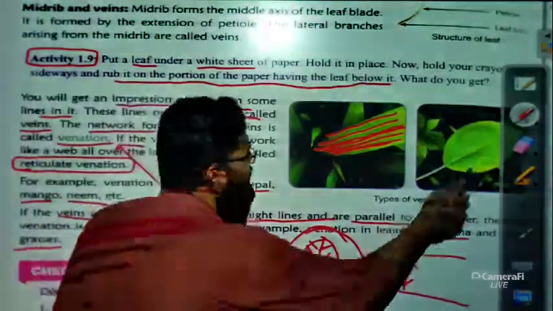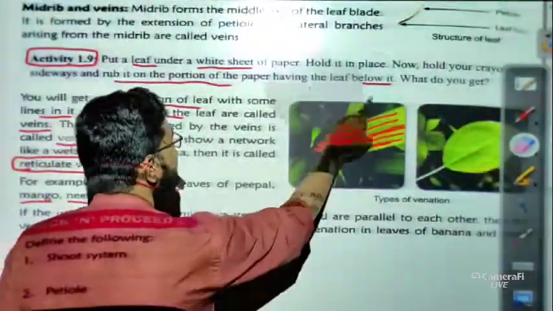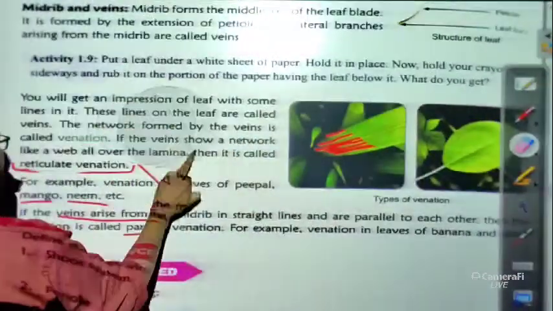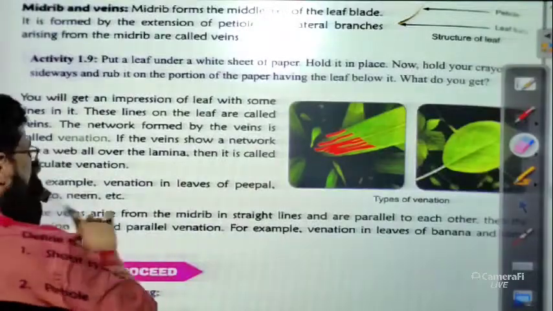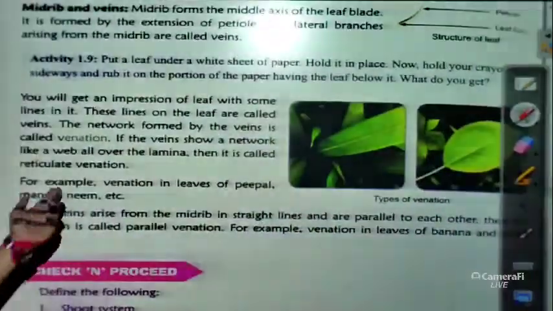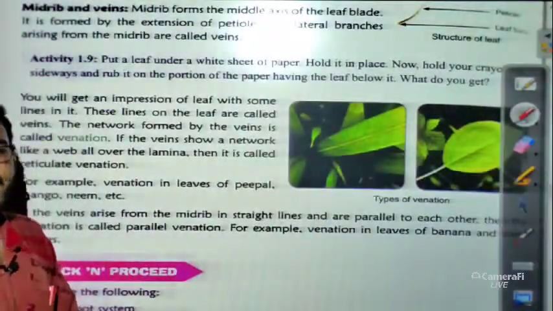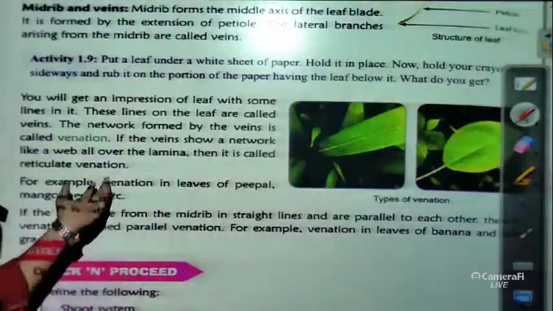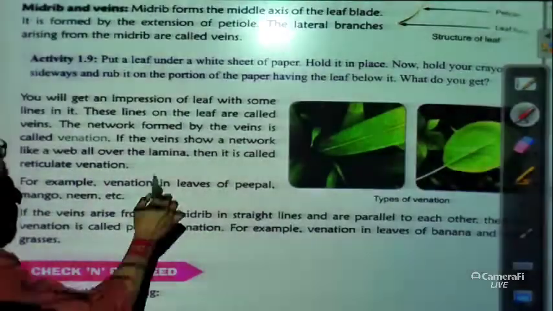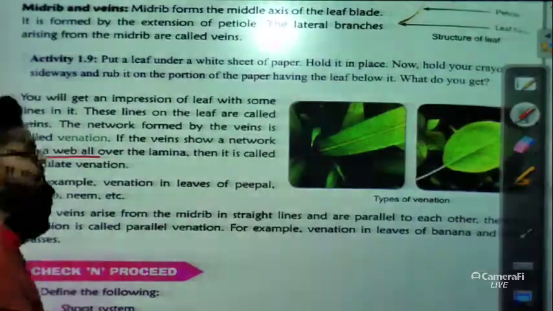So let me tell you once more, let me discuss once more what we mean by reticulate venation and what we mean by parallel venation, okay. So venation means basically the arrangement of veins, okay. Now reticulate venation means what? If the veins show a network like a web all over the lamina, then it is called reticulate venation.